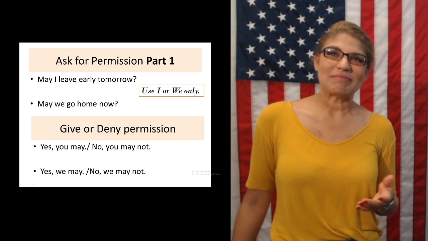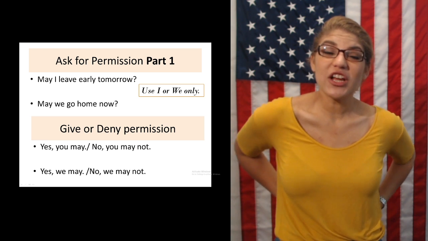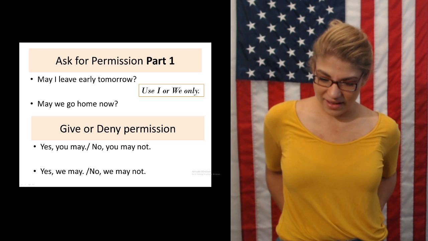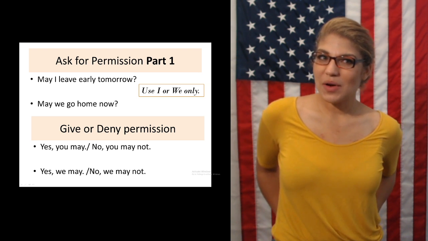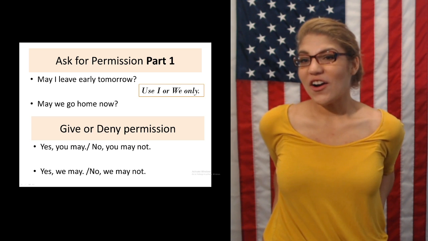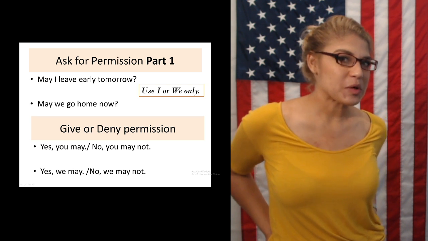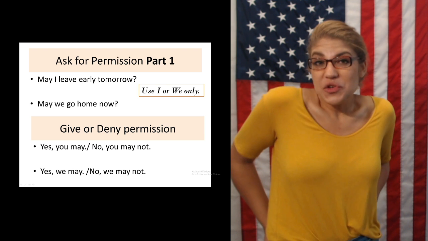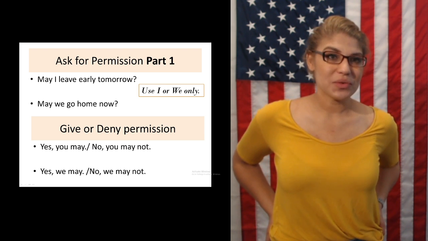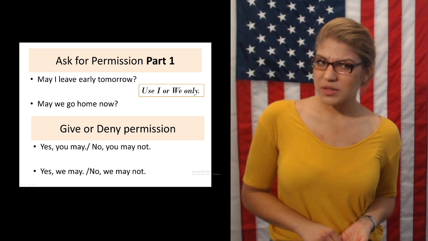So your mother and father, you ask your mother and father, or a child will ask a parent, "May we go home now?" Sometimes if you are at a dinner and it is a formal situation, you will say something like, "May I be excused? Excuse me, may I be excused, please?"